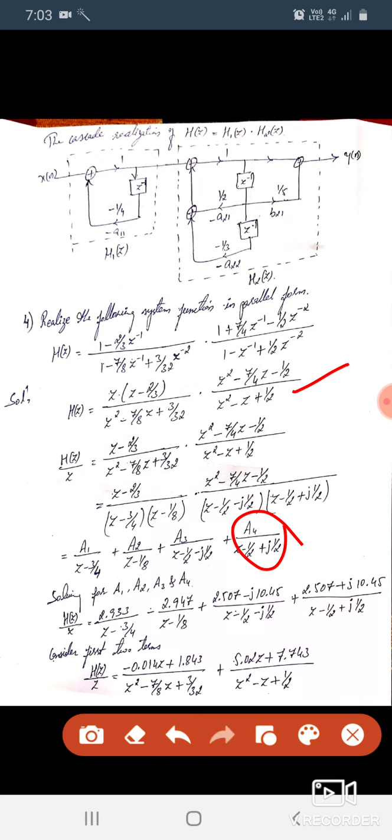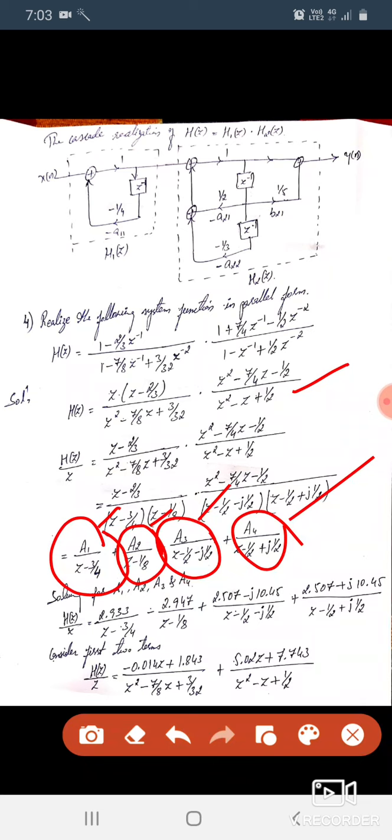Hope we solved many problems on how to do this in the previous systems. Here also you are going to use the same method. Then what you have to do? Find the a1 value, a2 value, a3 value and a4 value. Hope you all know how to solve this problem, but it's lengthy. Go step by step, you will get the result.